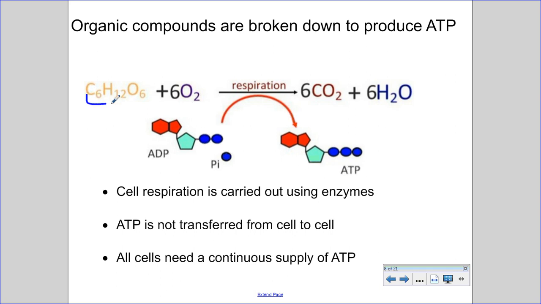So for example, a molecule like glucose, in the presence of oxygen, will be broken down in a series of small steps to produce carbon dioxide and water.